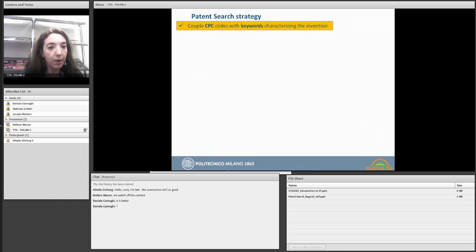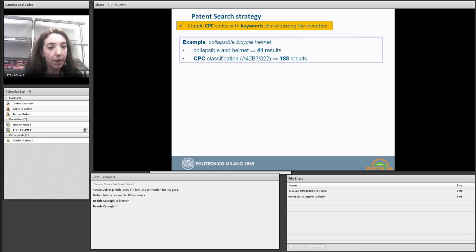Let's see an example. The best strategy to search for a patent is to couple the CPC code to the keywords characterizing the invention. So if, for instance, I have to search for a helmet for a bicycle, a collapsible helmet that you use to protect your head when you go by bicycle, you can search with the keywords collapsible and helmet and find 41 results. It means 41 patents speaking about this topic.